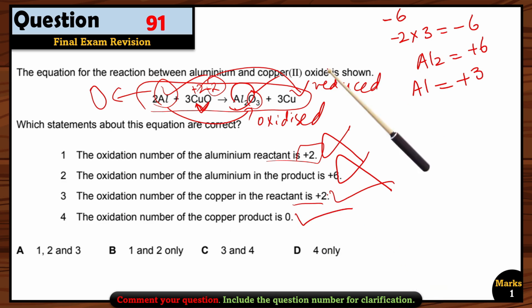Yes, that is also right because copper is in the element form now. Anything that is present in the element form or in the molecule form but not in a compound has oxidation state 0. So options 3 and 4 are the right options. That is option C. I hope it is clear that any element in the element form or molecule form, but not in compound form, will always have oxidation state 0.